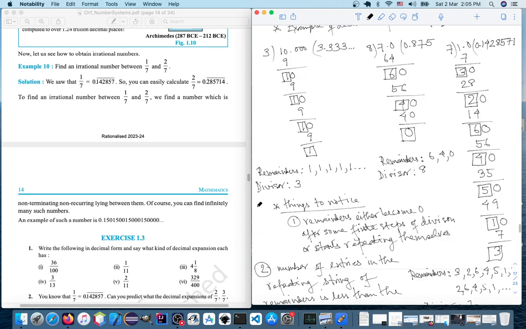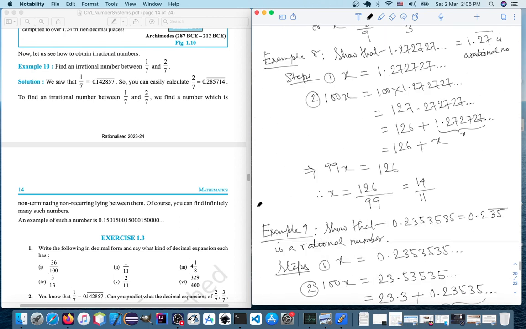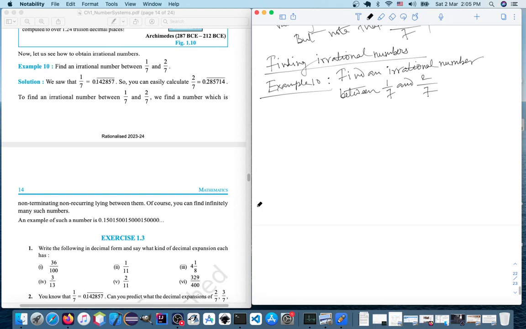So 1 by 7 is 0.142857, and this is the repeating block of digits, so it will repeat. So we put a bar on top of that.